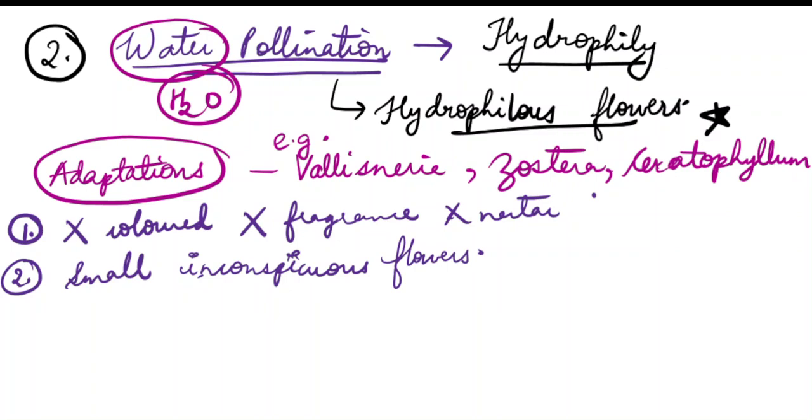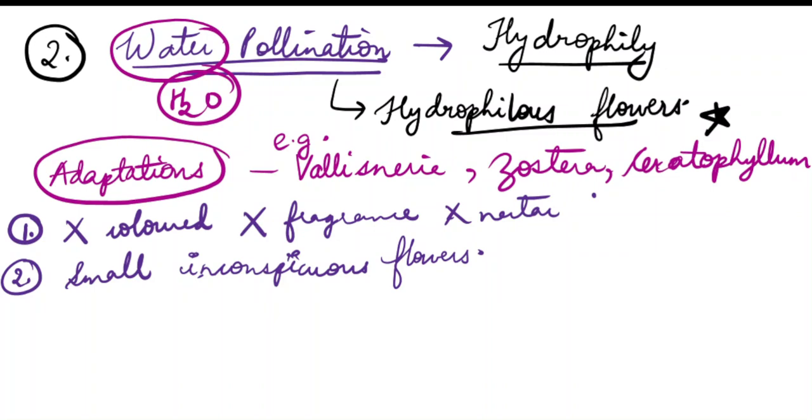Here the pollen has a covering, like a sheet of secretory material on the pollen. That secretory material is known as mucilage.